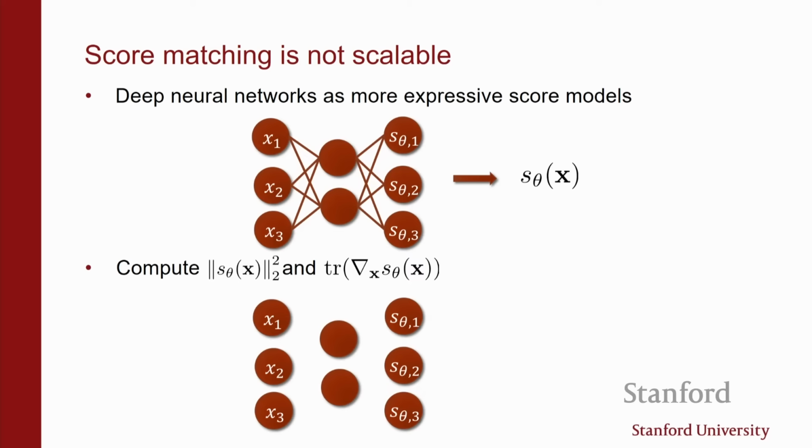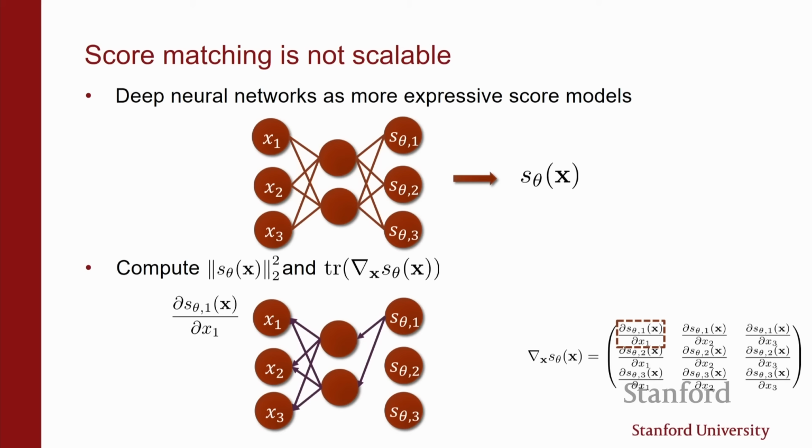The more complicated piece is the trace of the Jacobian. So the Jacobian is basically this matrix where you have all the partial derivatives, or all the gradients, of every output with respect to the inputs. So the first term up here is the partial derivative of the first output with respect to the first input.